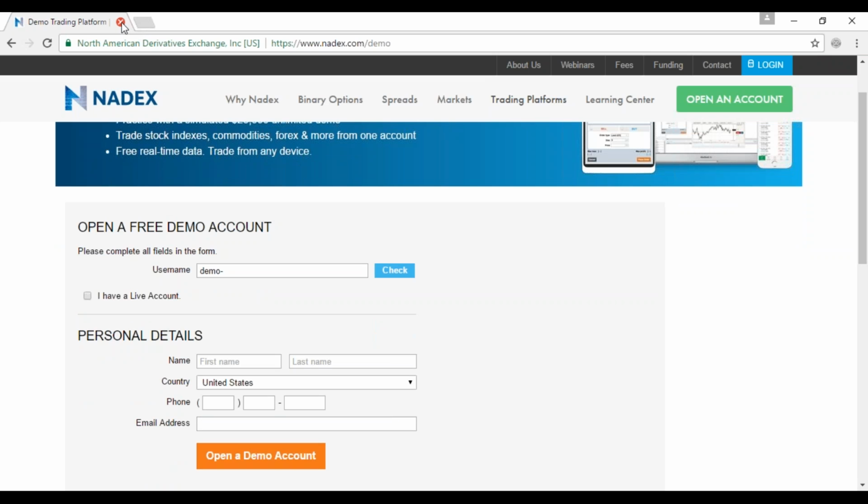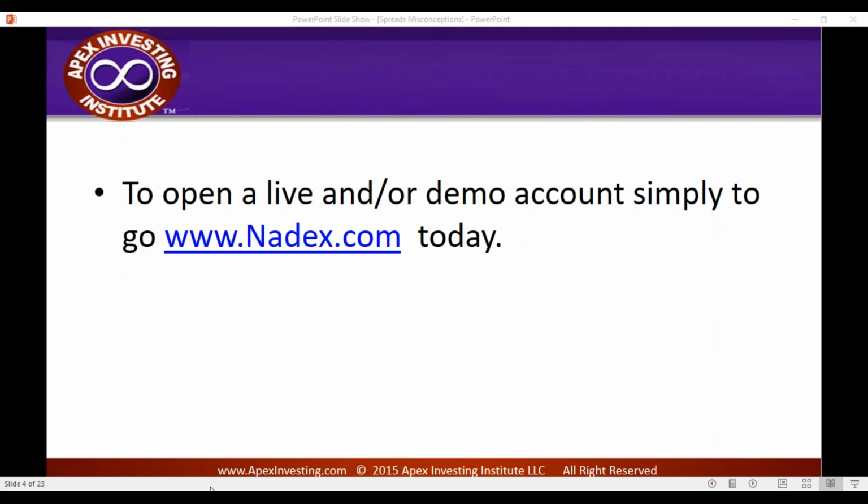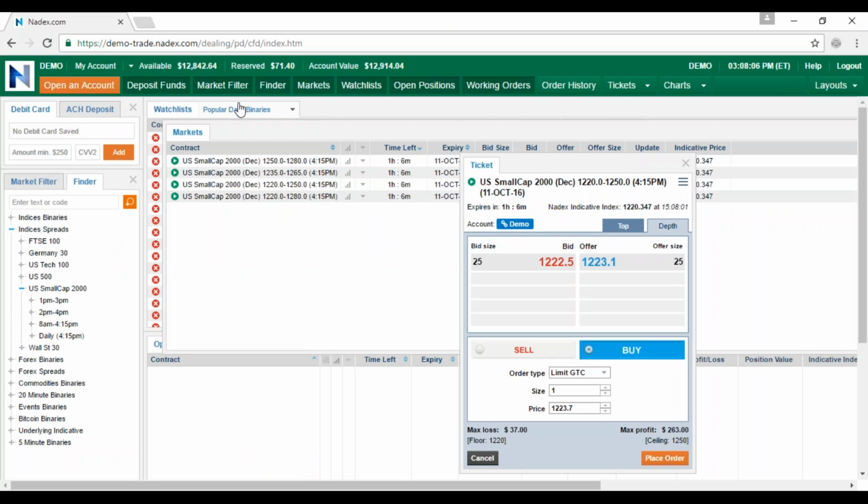In just a few moments, you'll receive an email with a temporary password, and you can log right into your Nadex demo account, okay? It's a great place to get familiar with Nadex, who they are, get a good feel of the platform, what instruments they offer, how to enter and exit orders, and just a great way to test out some different strategies, okay?